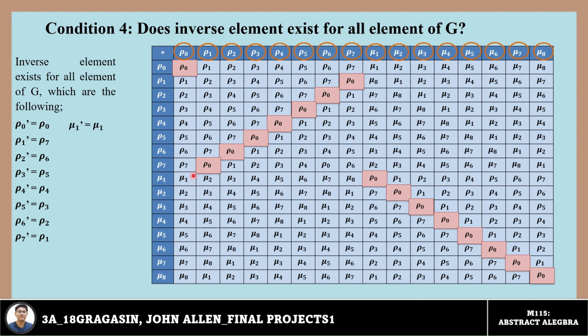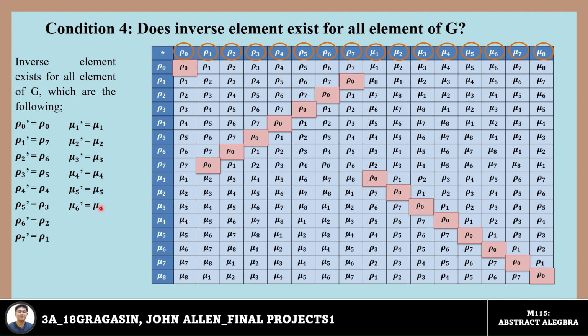And then the inverse of mu sub 1, we have here the identity, and this is the inverse. So we have here mu sub 1. And then the inverse of mu sub 2 is mu sub 2. The inverse of mu sub 3 is mu sub 3 as well. The inverse of mu sub 4 is mu sub 4. The inverse of mu sub 5 is mu sub 5.